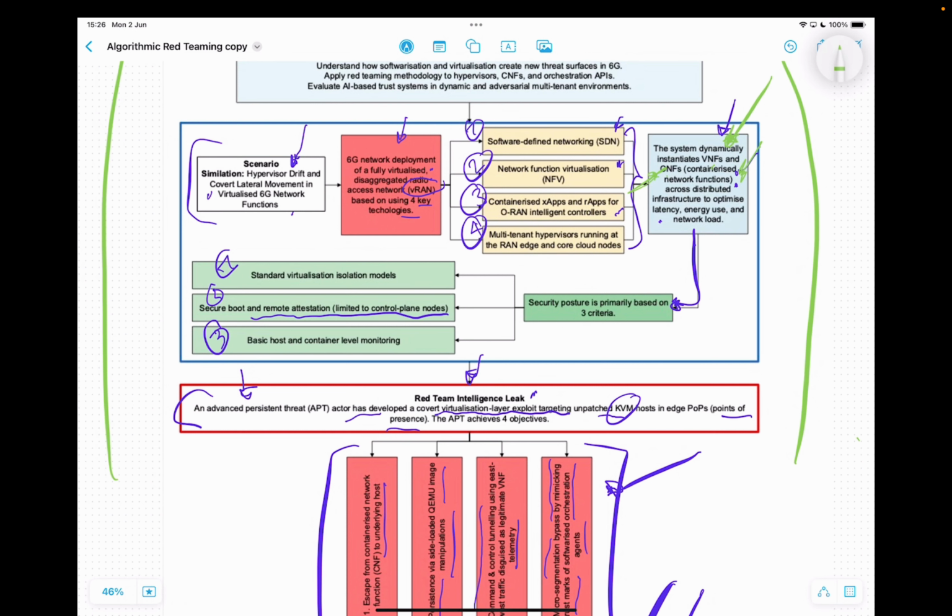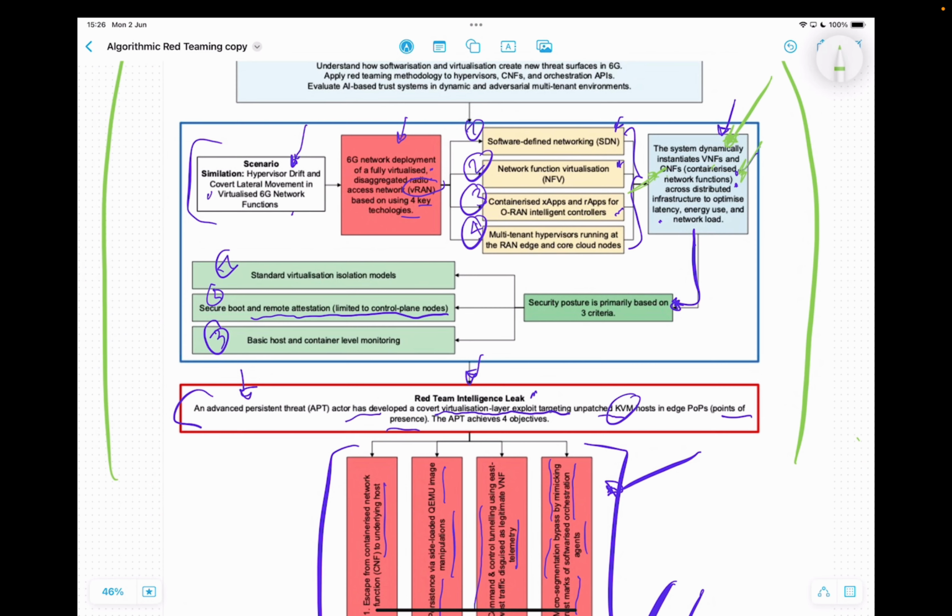So, maybe I should use that as opposed to VNFs and CNFs. But with access to the host and visibility into the neighboring VNFs, the attacker then rewrites the SDN flow rules with the orchestration agent, and this creates a covert command and control channel across the lateral 6G edge nodes. It's disguised as trusted telemetry between XApps, and that mimics legitimate network function communications.